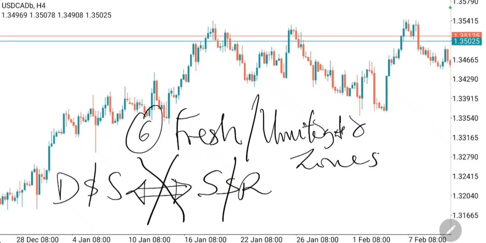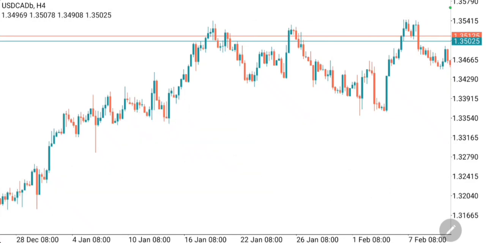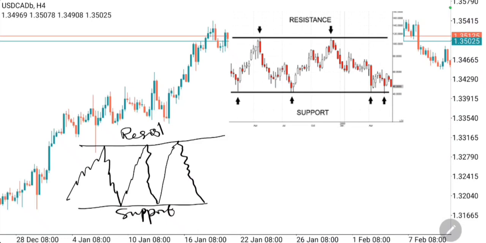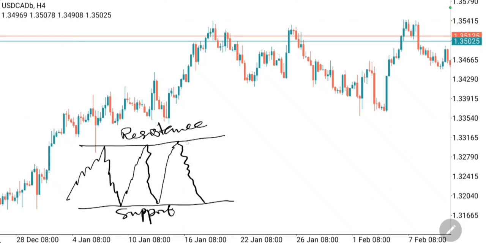Because the reason is this. What are support and resistance? A support is like the floor of your building. Price is moving this way and bounces up from under. So this is your support, and this is your resistance. Several traders will take trades from here, which is dangerous.